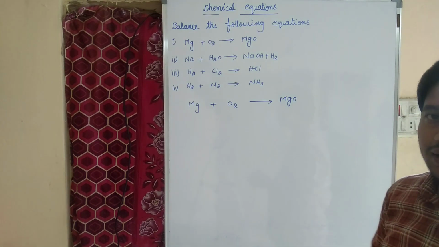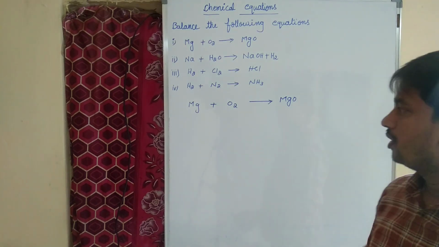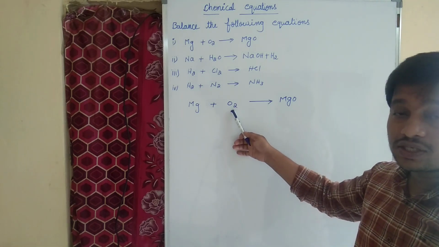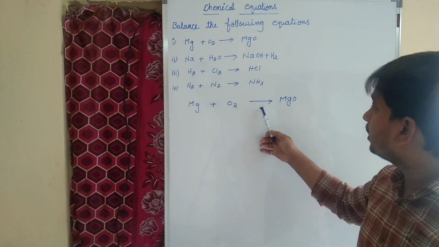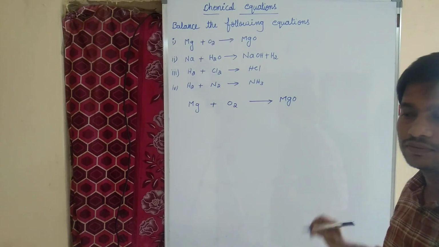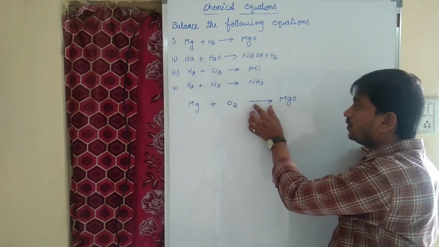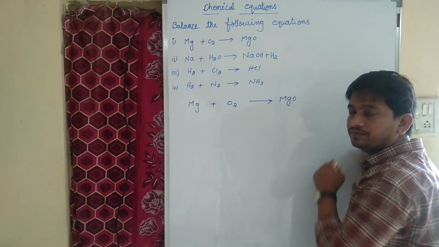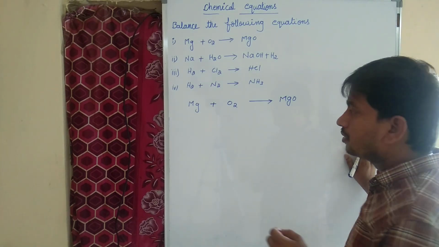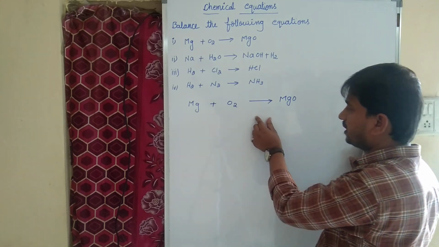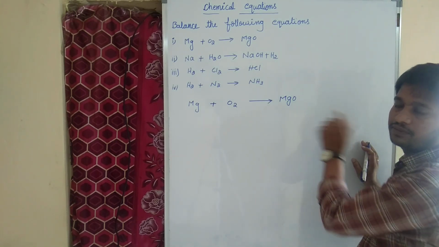Mg is nothing but magnesium. When magnesium is burned in the presence of oxygen, you will get magnesium oxide, right? Mg is nothing but magnesium, plus oxygen gives rise to magnesium oxide.